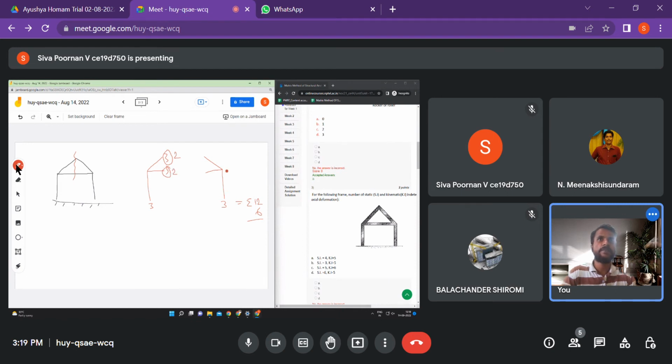Am I right? So 2 plus 2 is 4, and 6 plus 4 is 10. So 10 minus 6 is 4. So the static indeterminacy is 4.